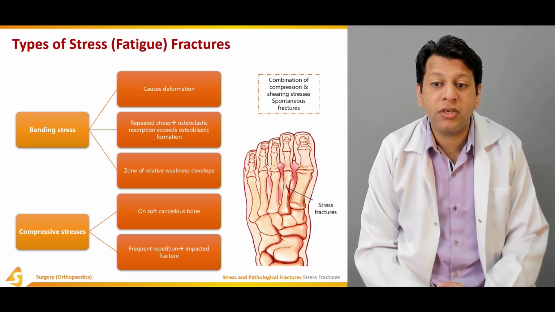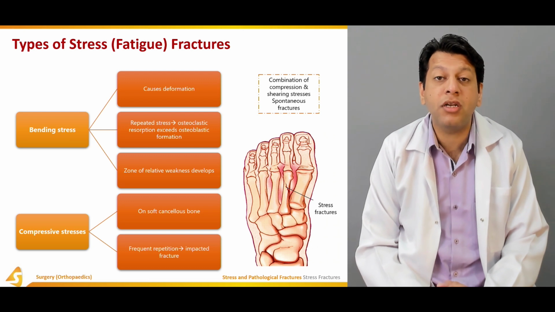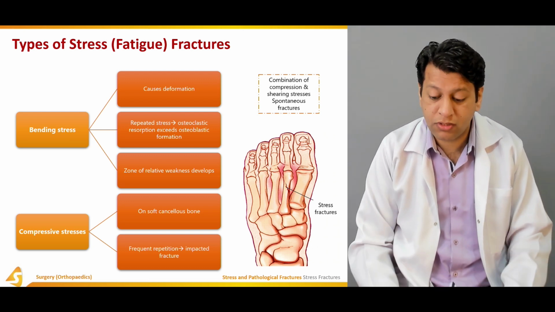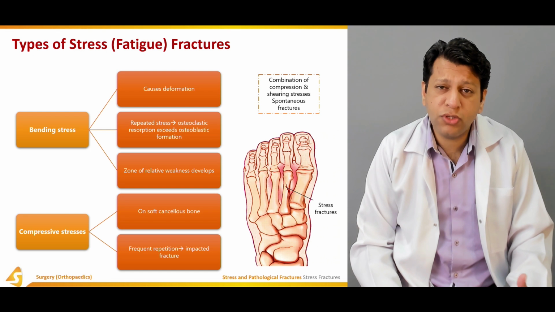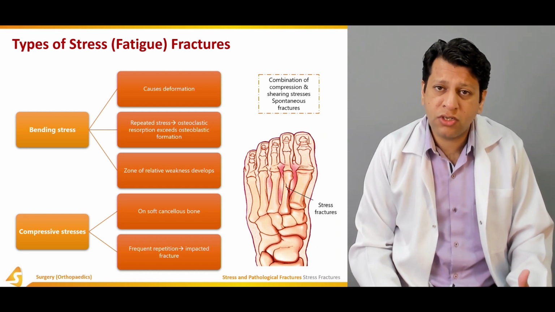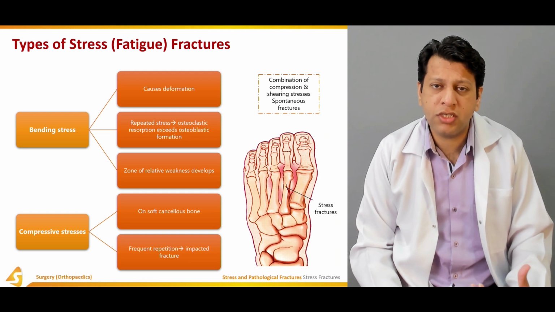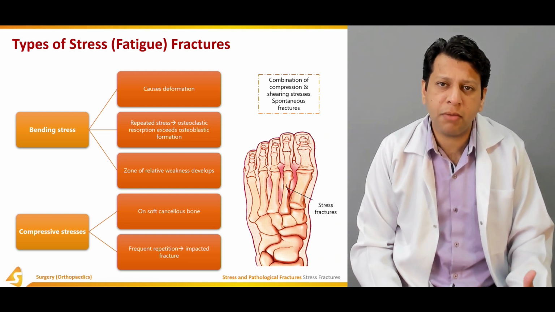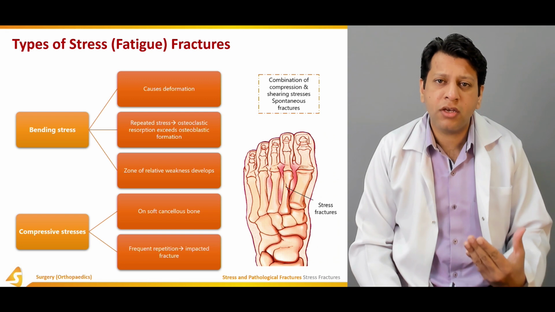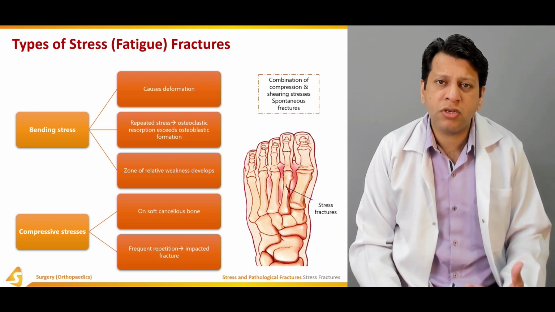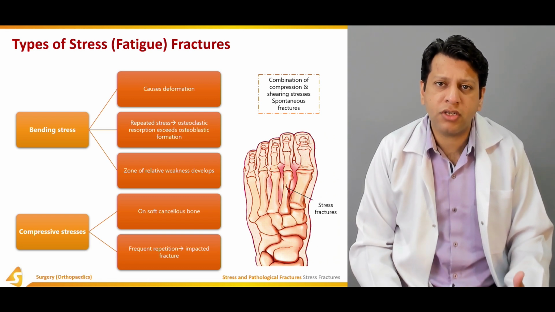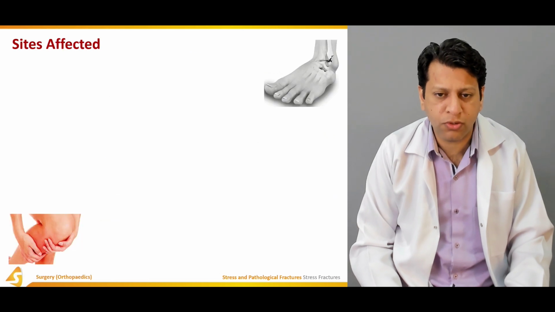There could be compression and shearing stresses, which may lead to spontaneous fractures at times. But usually the history is subtle. There is no massive history of trauma, whether low energy or high energy, but you can appreciate there is probably micro trauma due to repetitive loading or stress over a certain part of the bone.